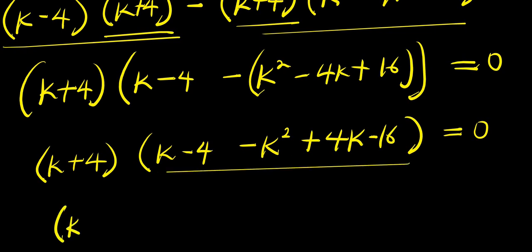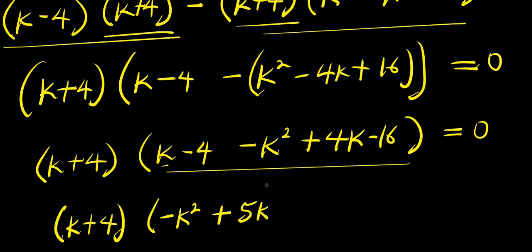I have k plus 4 times this is minus k squared. K plus 4k, this is plus 5k. Negative 4 minus 16, this is minus 20 equals 0.